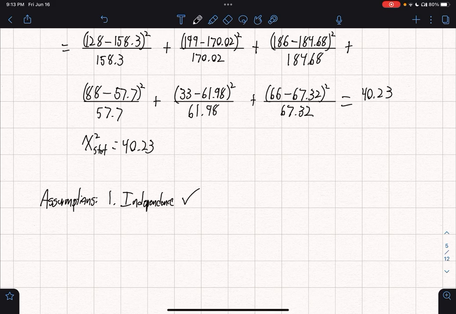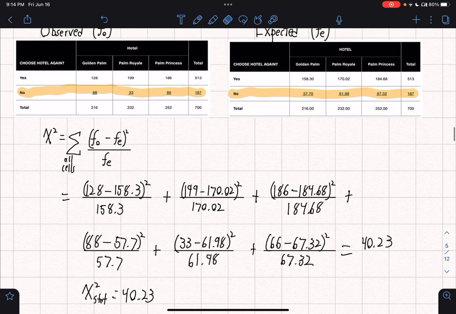And we said yes, someone's response shouldn't be affected by another hotel. Of course, if they went to both hotels, then this assumption would be violated. But if you only went to one out of the three, this should be fine. And the second assumption is that all expected counts are greater than or equal to 5, and that is true. These 6 values are all bigger than 5, therefore that assumption is met.